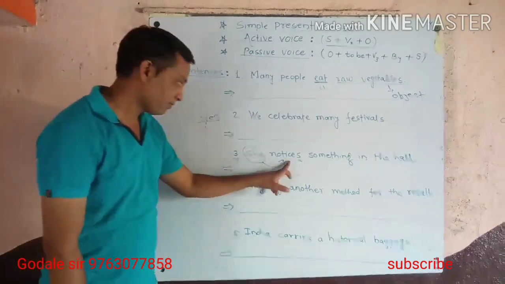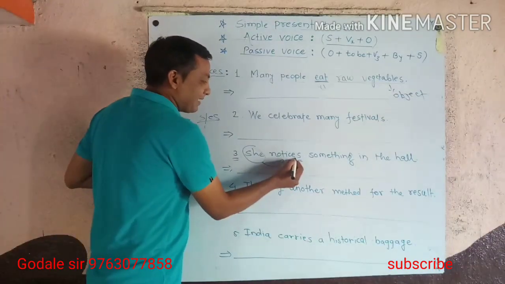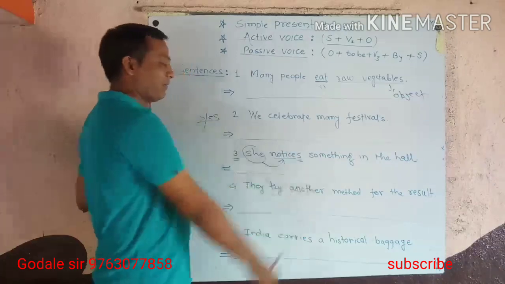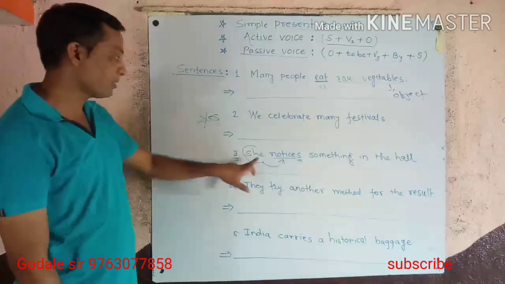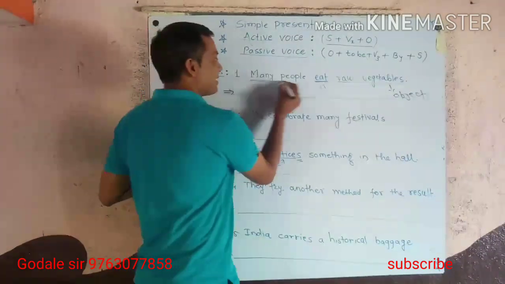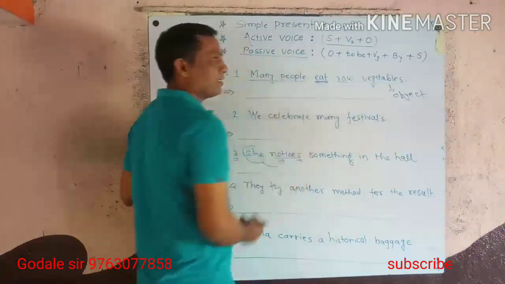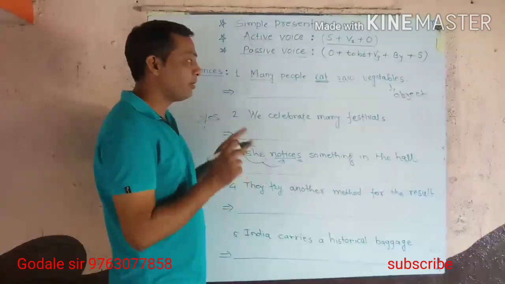Notice, look at this verb, what is it having at the last? It is having s. Why? Because the subject is in singular form. But here, many people, this subject is in plural form, therefore there is no s at the end of the main verb.